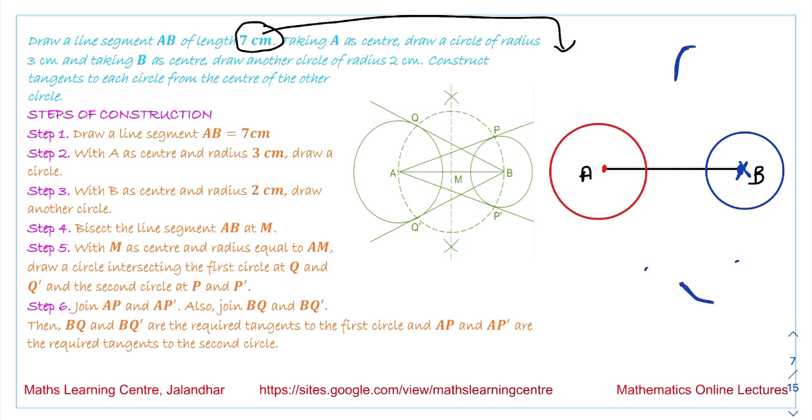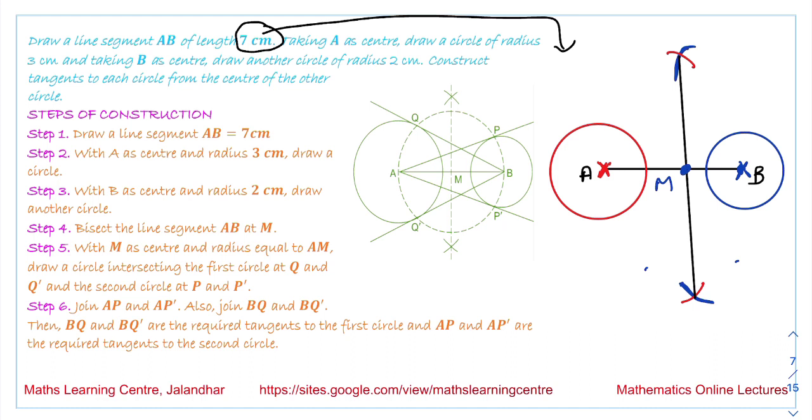We obtain these two arcs. By keeping the compass at A, we obtain these two arcs. When we join these 2 points, we obtain the perpendicular bisector of this line AB. This point we are saying is the point M.